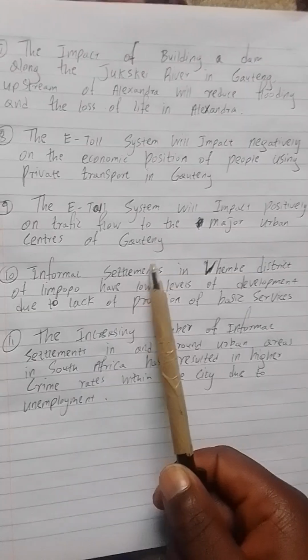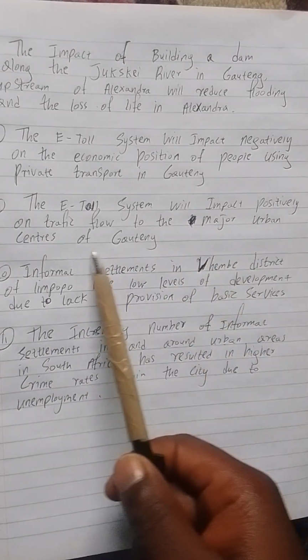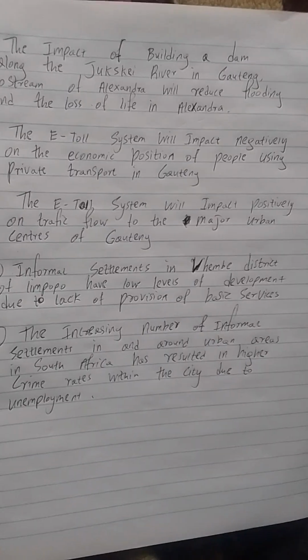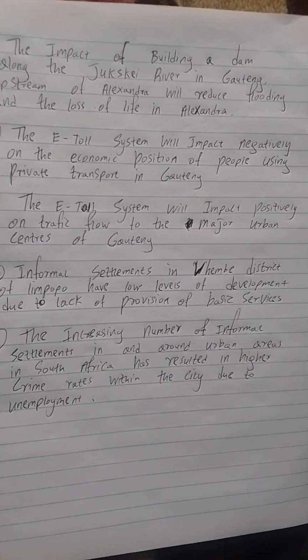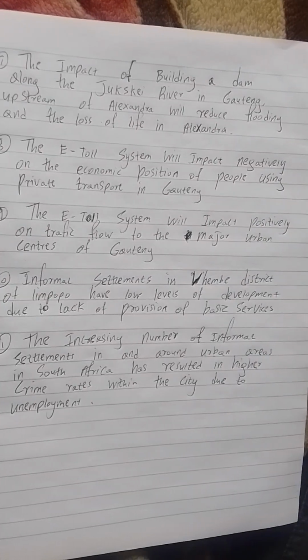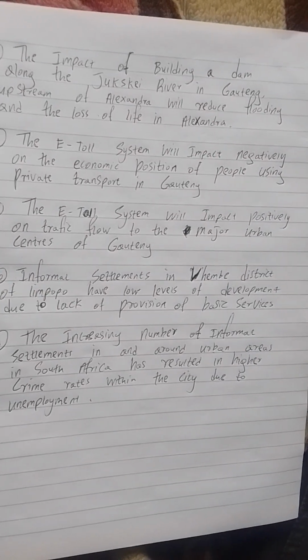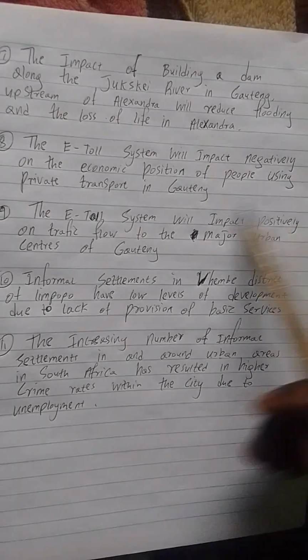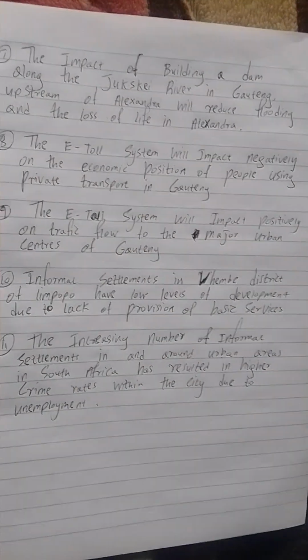Another one, the e-toll system will impact positively on traffic flow to the major urban centers of Gauteng. This one will impact it positively. So you discuss that one. Obviously they will have money to renew the road. The road will be beautiful there in the center of Gauteng.